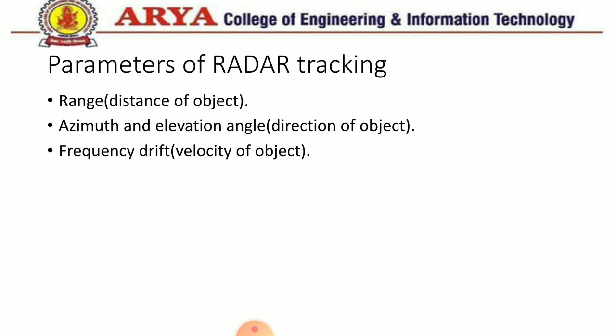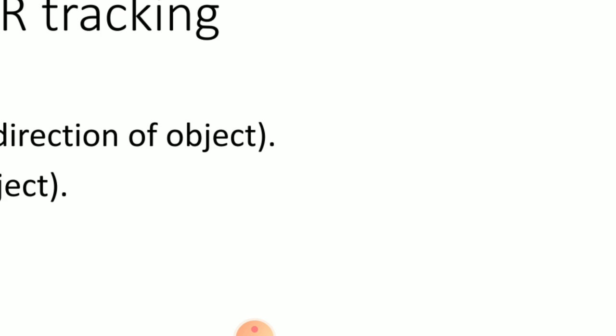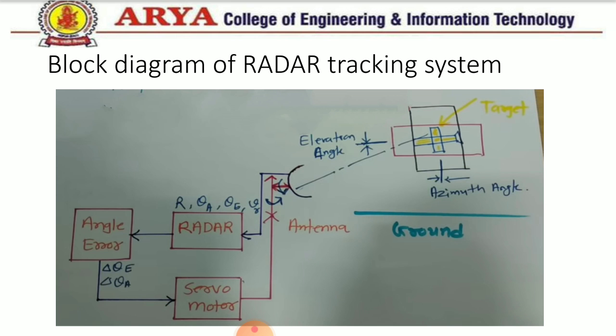Now let us look at the block diagram of a radar tracking system, so it will be more clear what happens in it. See here, I have a very simple block diagram. There is an antenna, and that antenna is directly connected to the radar system.